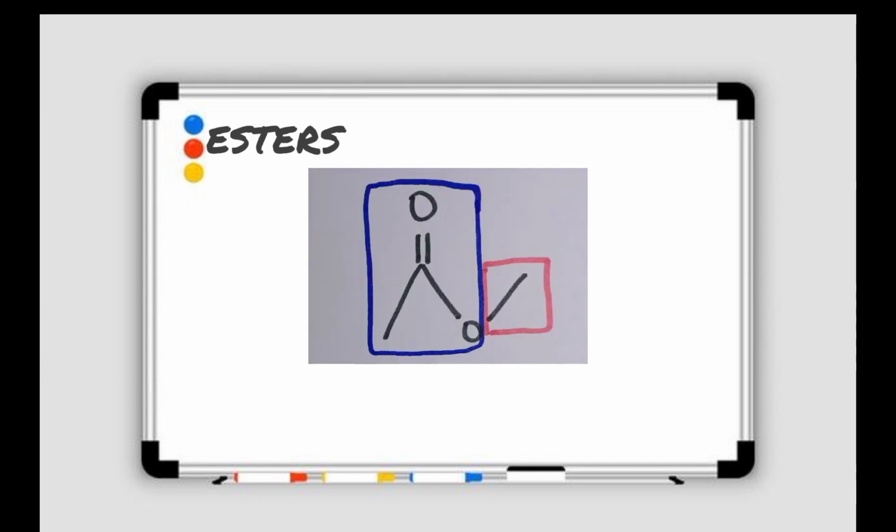Then, name the part that came from the carboxylic acid and change its suffix to "-ate". So, our parent chain, which came from the carboxylic acid, is ethane. But we have to change its suffix to "-ate". So, the name of the structure will be methyl ethanoate.